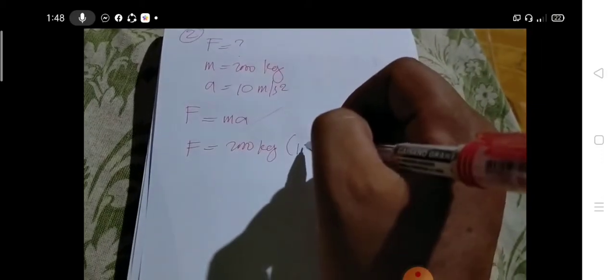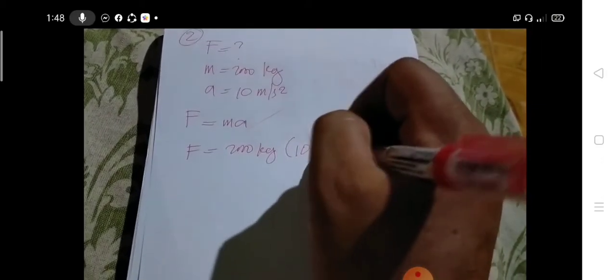The formula of force is F is equal to mass times acceleration. Let's substitute. F is equal to the mass, 2,000 kg, times 10 meter per second squared.